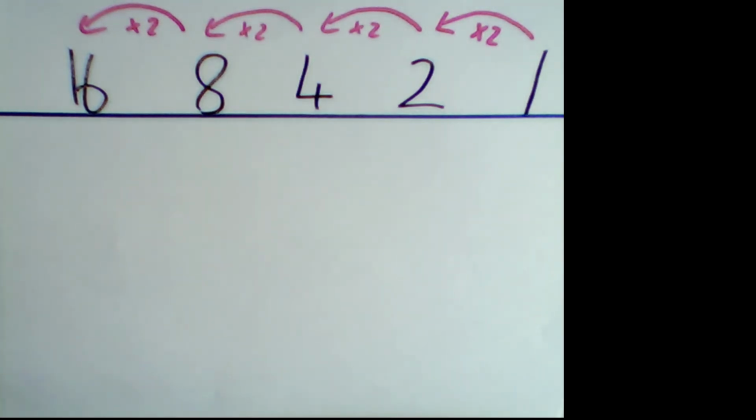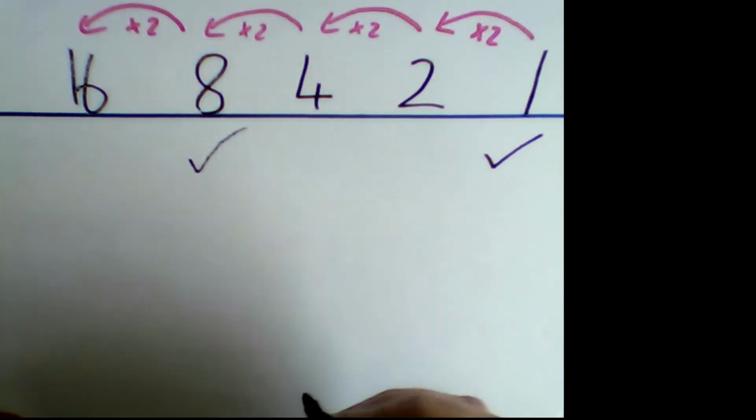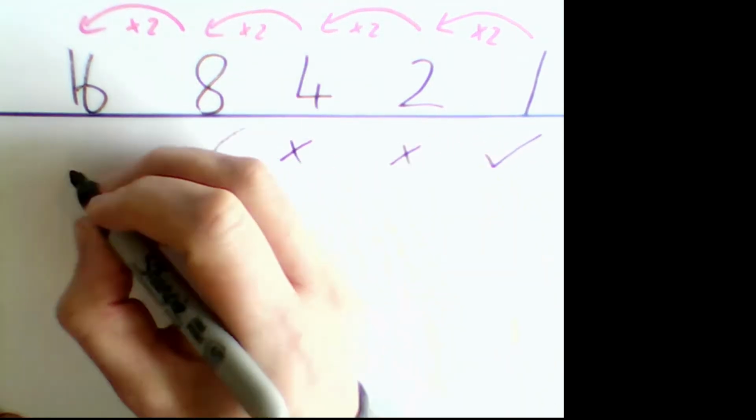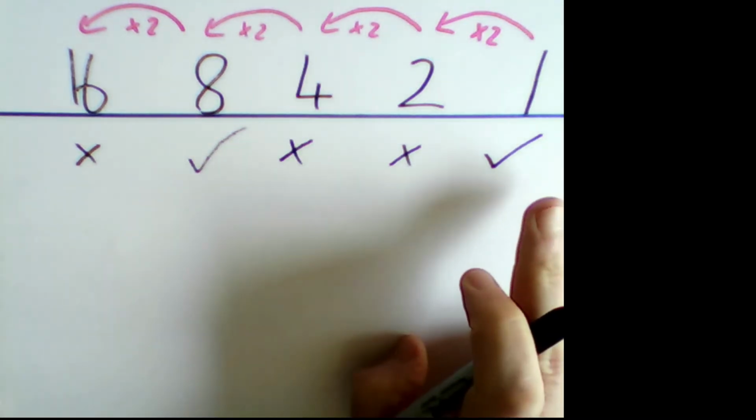Right, I'll just do one quick example here before I go back and re-explain. If I wanted to represent the number 9, I can use a 1 and an 8, and that will give me 9. In binary, to make the number 9, you need an 8 and a 1.